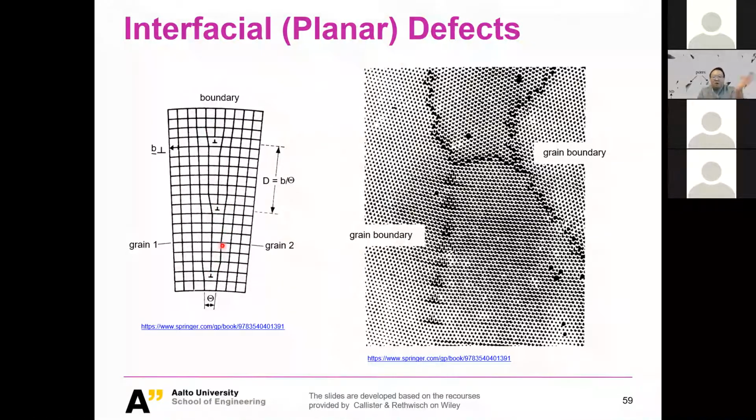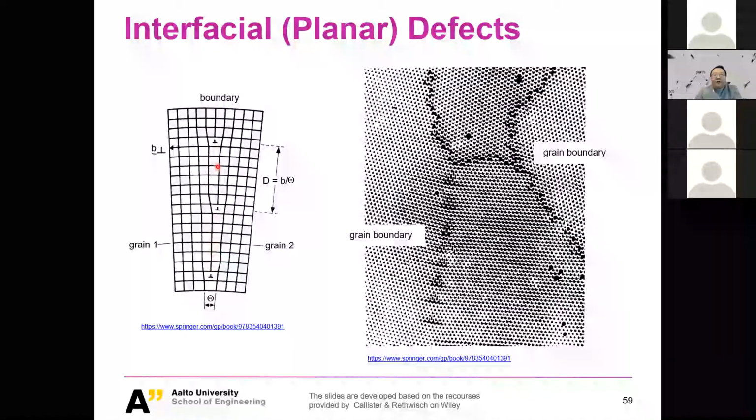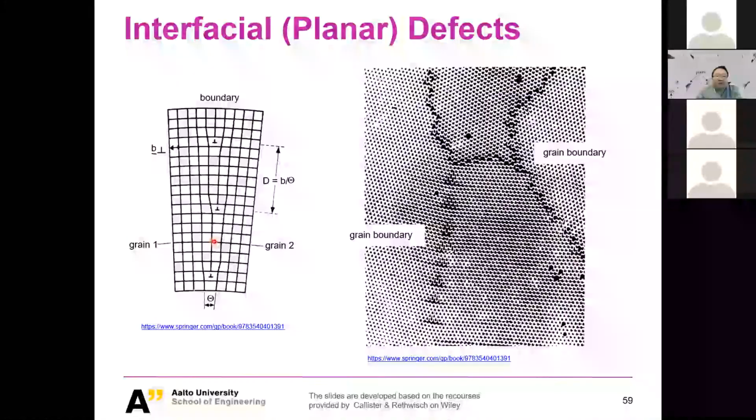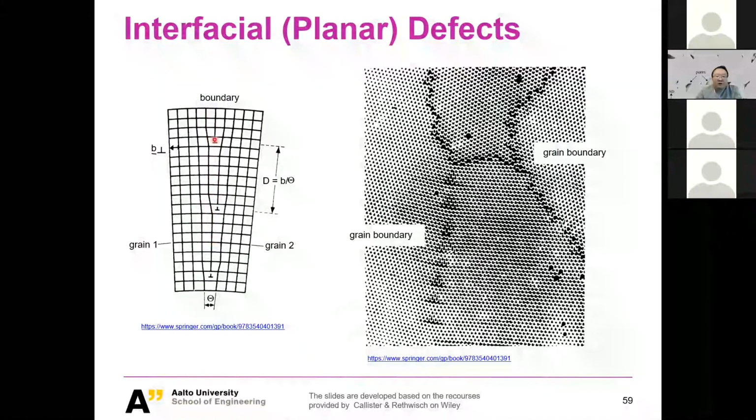You stack them multiple times, with a bunch of dislocations, and you create so-called interfacial defects or planar defects. So this is a very nice kind of illustration. It's not real. The real thing is on the right-hand side, but this is a nice illustration.